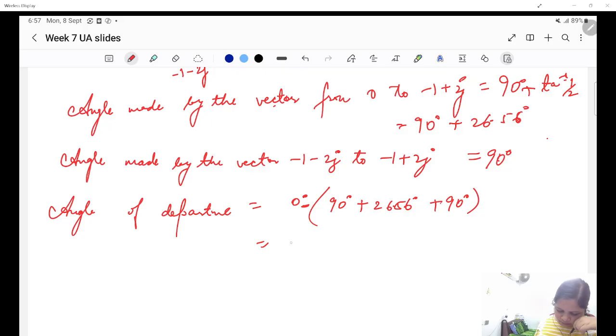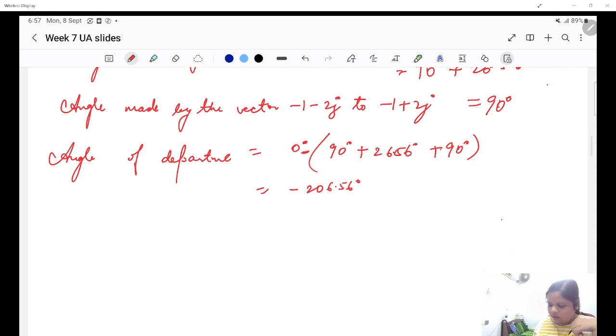What does that mean? It is minus 206.56 degrees. Okay. If you take out the equivalent, you can subtract it from 360°. You'll get it to be around 153.43 degrees.